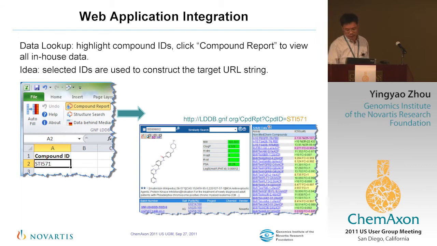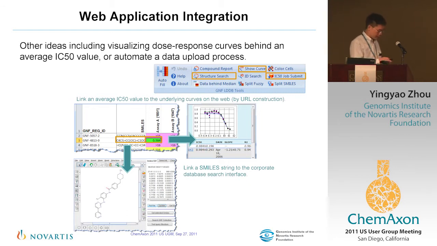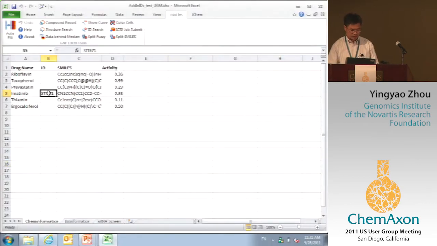You can do this with other things. For example, you can highlight SMILES, then click on the structure search button, and you launch this application and just put the structure in there. For example, I can show you this. Here is a spreadsheet of 6 known drugs with some information. I will skip that part and talk about it later.